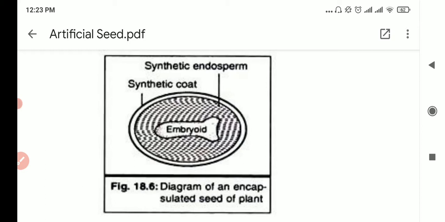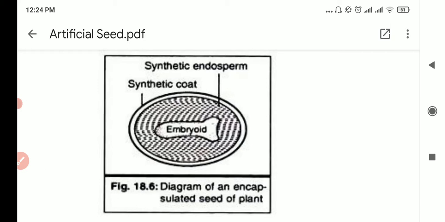You mix those micronutrients and macronutrients that you studied from class 8. Then vitamins, then agar, then carbohydrates, and what else, amino acids you add.